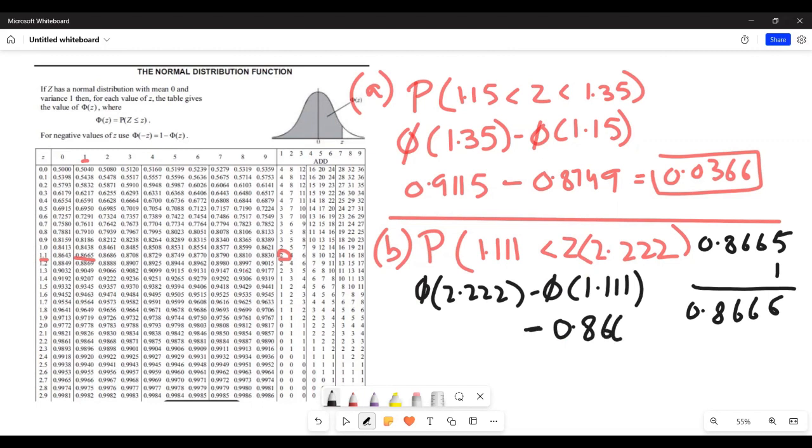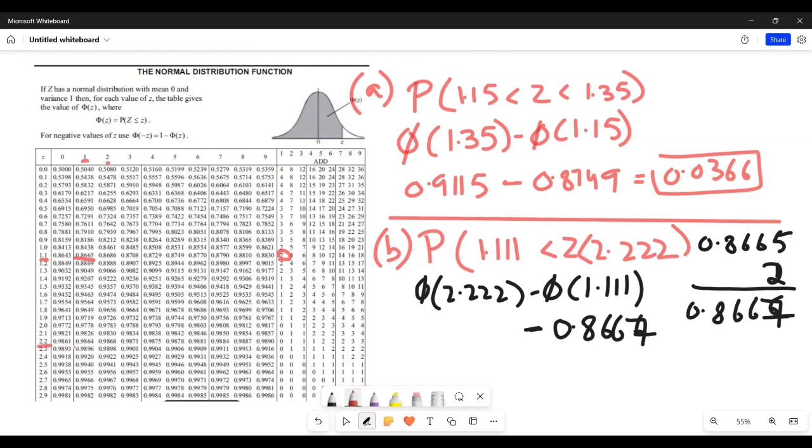So I'm going to write a negative sign and then this. Oh, this should be, it was 2, not 1. So you add 2 here, so you get a 7 over here. So this is 7. Okay, now we find probability Z is less than 2.222. So 2.2 is right here, and the next 2 is here.